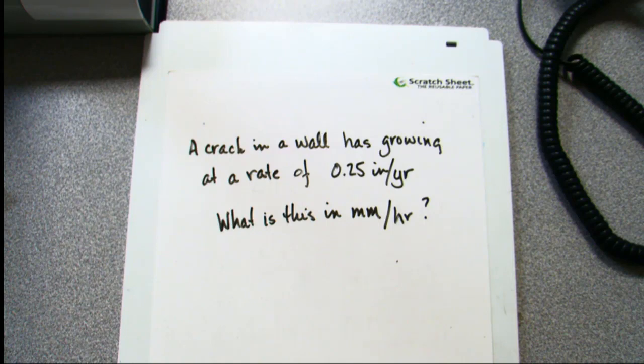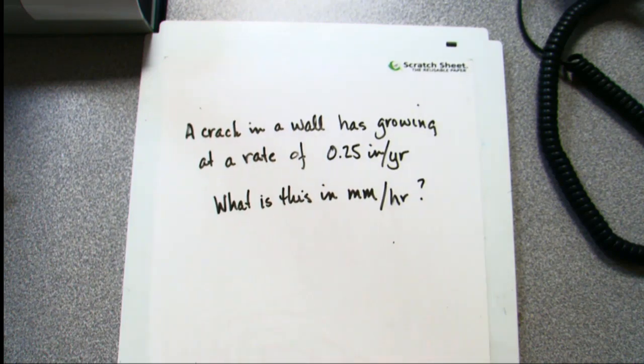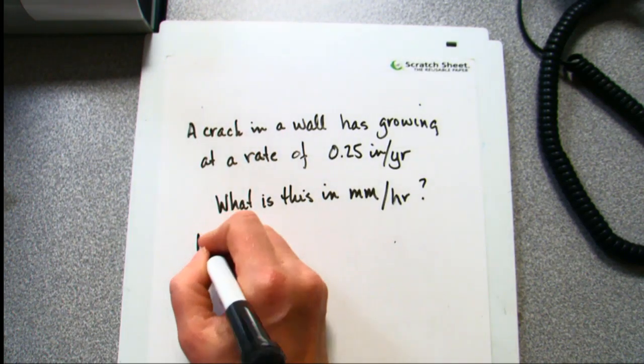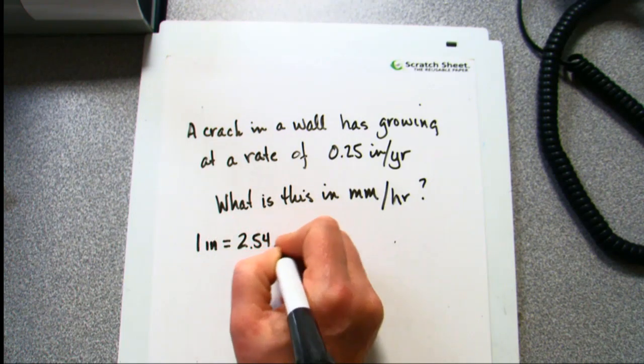Now, there are some conversion factors that you should have ingrained into your head. Okay? Some of them you just gotta know. And not everybody's are the same, but one of the ones that everybody should know off the top of your head, because it's a perfect, 1 inch is equal to 2.54 centimeters.